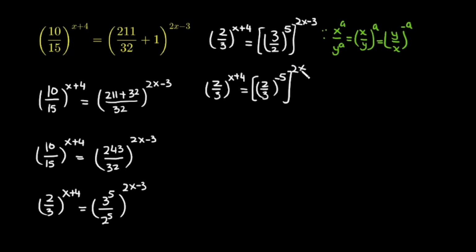2x minus 3. So in the next step, multiply these two exponents.